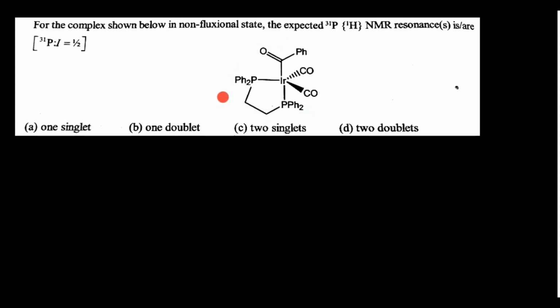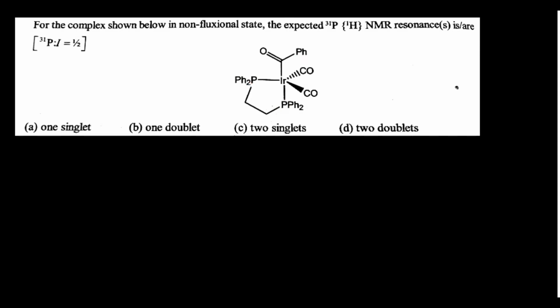Because it is non-fluxional, you can mark the different kinds of the phosphorus. So this P is the phosphorus, Ph is the phenyl. We have nothing to do with the phenyl. We'll check the phosphorus only.